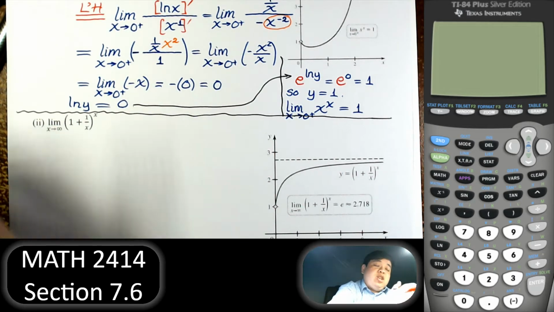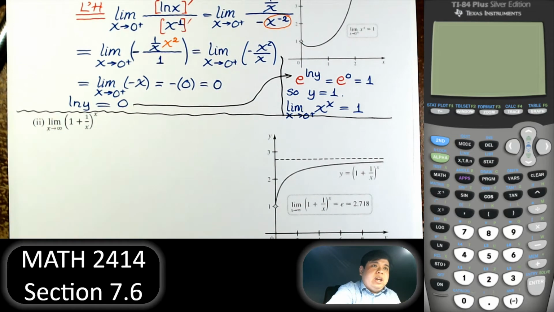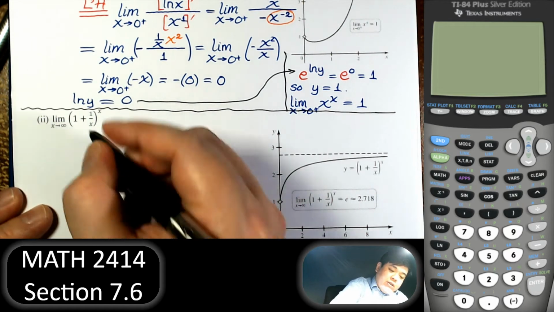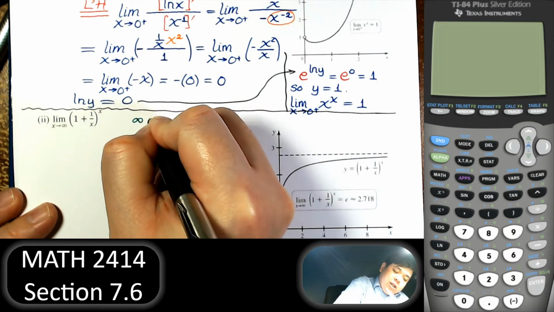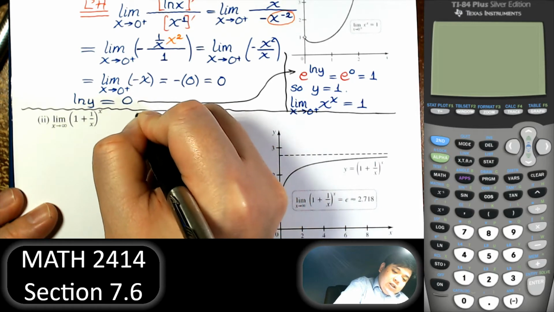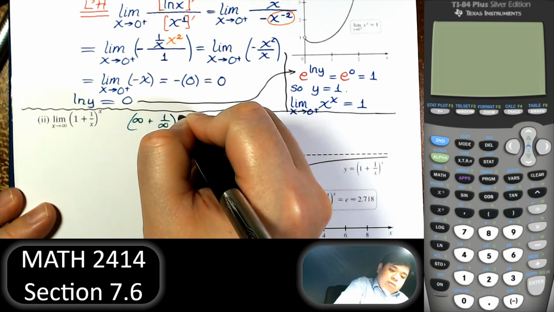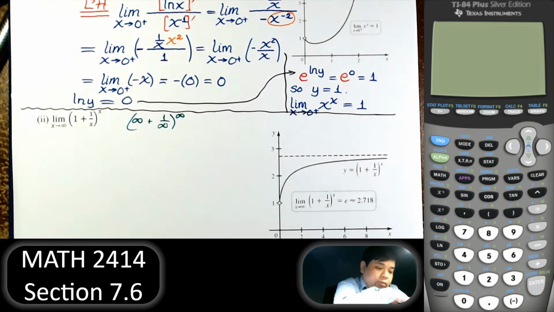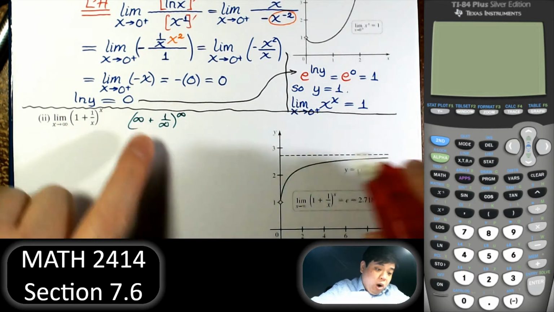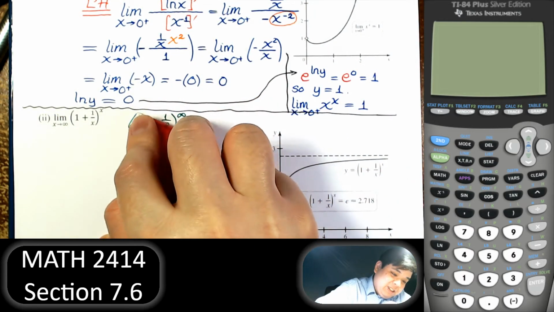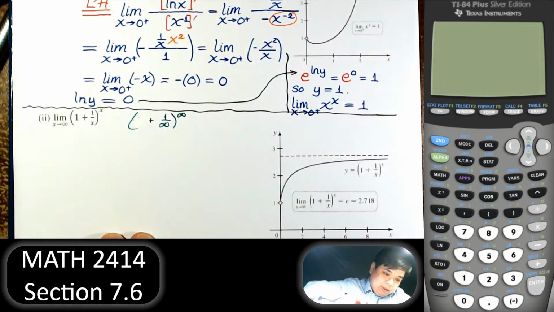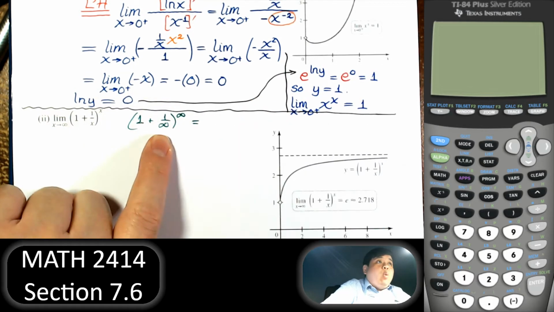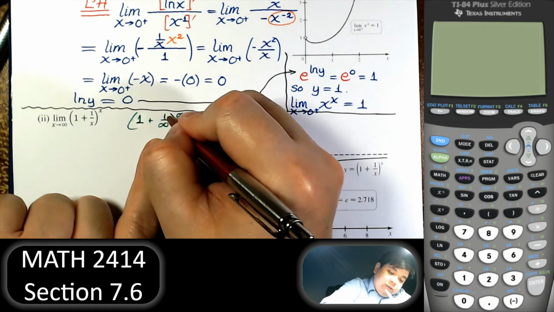But let's not forget, the first thing we do when we try to find the limit is put in the numbers and see what happens. So if I put infinity into this, we have 1 plus 1 over infinity.